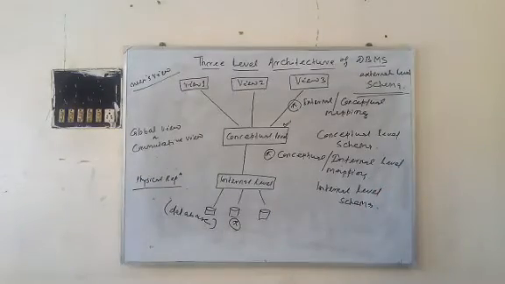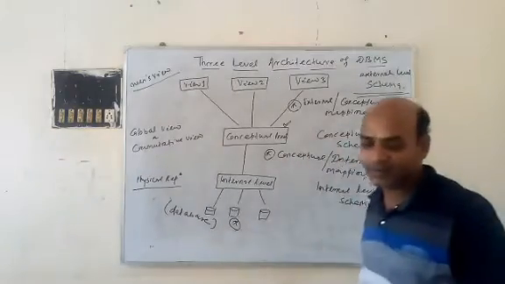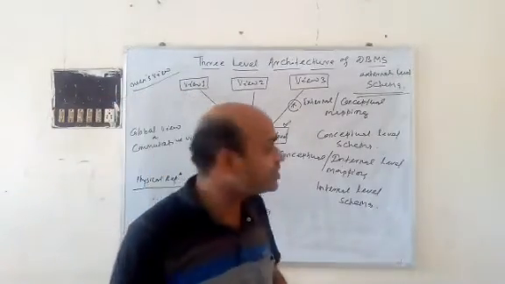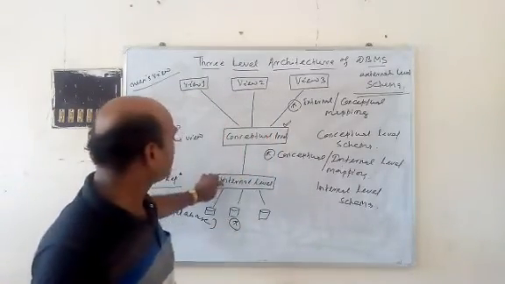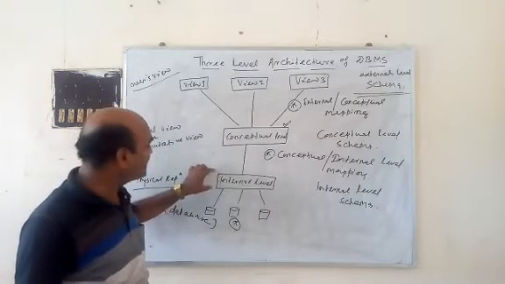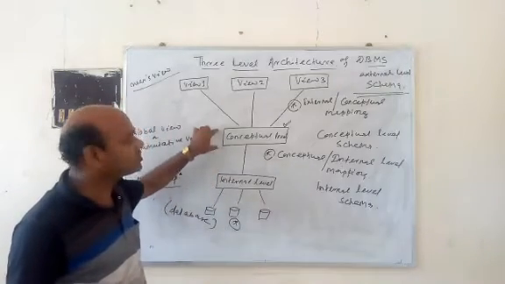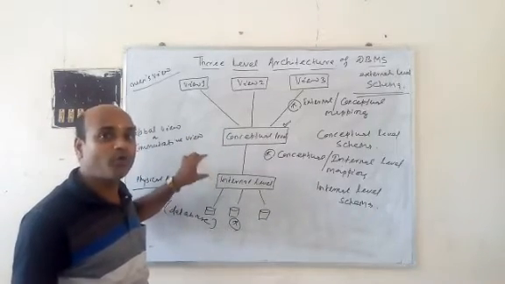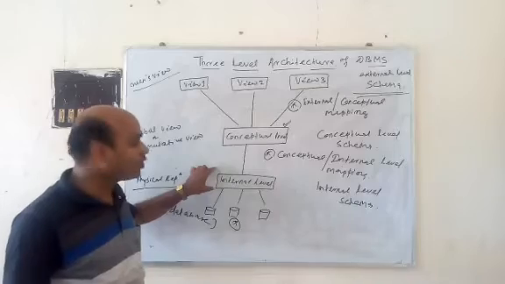So these two mappings are there: external to conceptual and conceptual to internal. Then the internal schema accepts the request from the conceptual level. This schema determines which records will be accessed from the database and how.